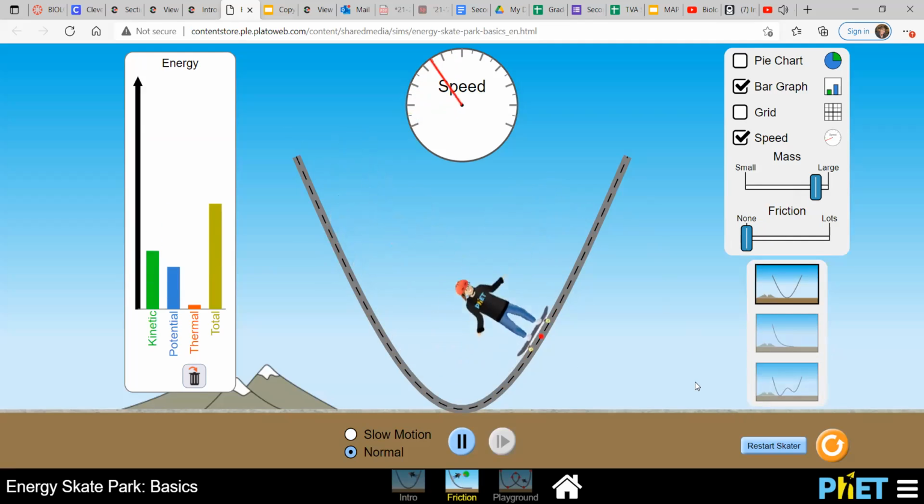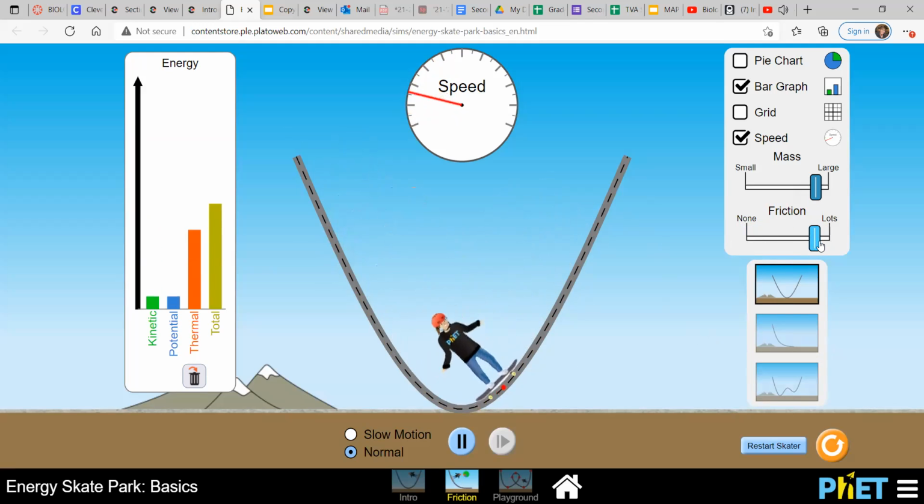Friction comes into play when the surfaces are very rough and it exerts a force on the thing that is moving on the surface. So if we increase the friction, the person skating will eventually stop because the force acts in the opposite direction of their motion and eventually brings them to a complete stop.